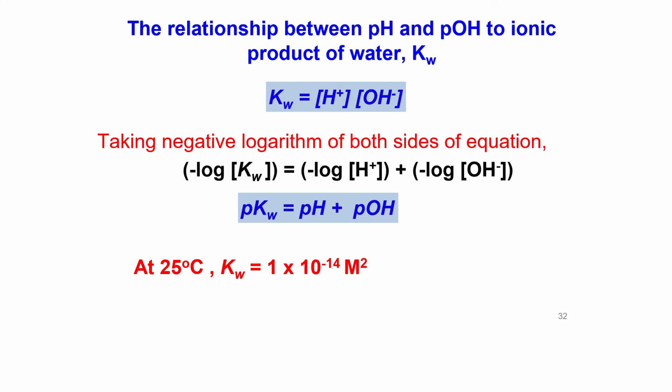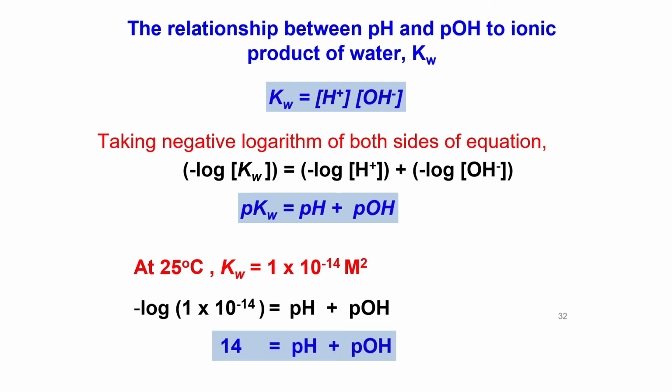At 25 degrees Celsius, the value of Kw is equal to 1 exponent negative 14. So negative log 1 exponent negative 14 equals pH plus pOH, which is 14.